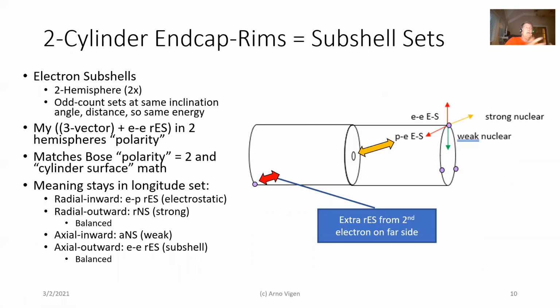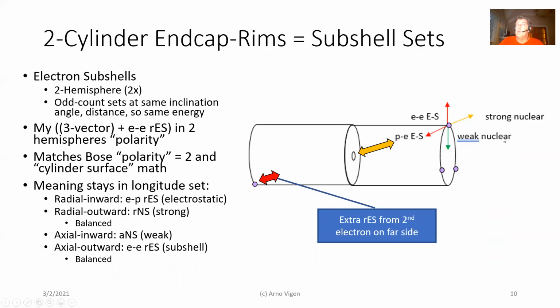And finally, this complexity that I talked about becomes these electron subshells. You see, at that longitudinal ring or that inclination angle, you can get multiple sets of them. The electrostatic force between the proton and the electron is attractive. The strong nuclear force between that nucleus, that electron and the nucleons is repulsive, and you get some sort of a balance in the radial direction.